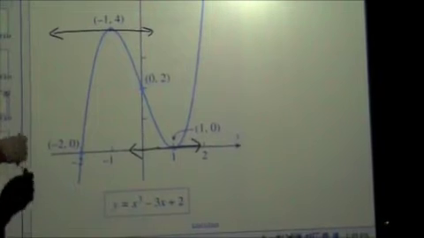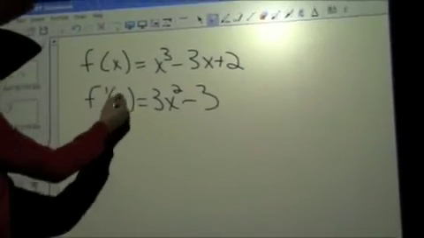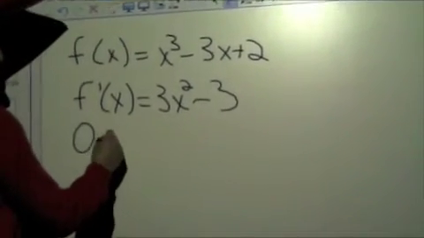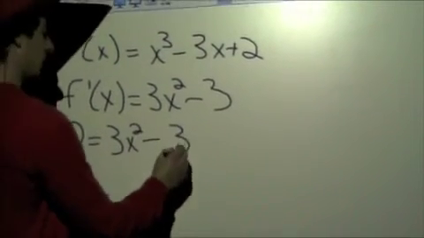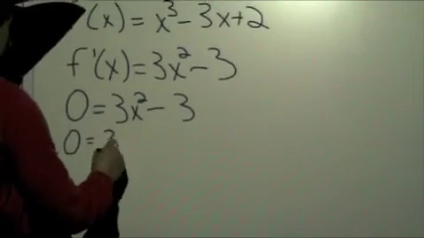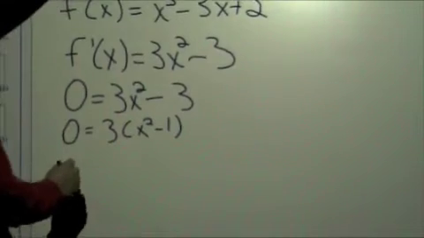So now to find the corresponding x values, we set this equal to 0. So when the slope of the tangent line equals 0, it's 3x squared minus 3. If we solve, we can factor out a 3. And then we see it's the difference of squares.